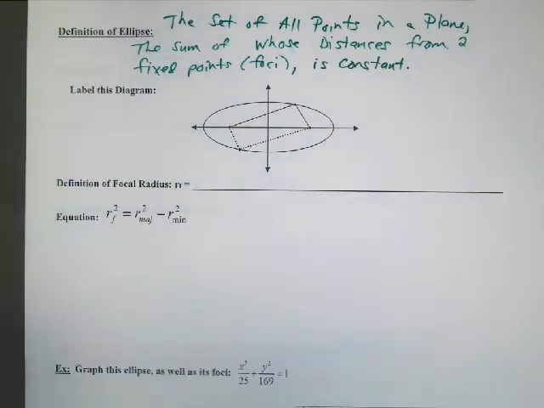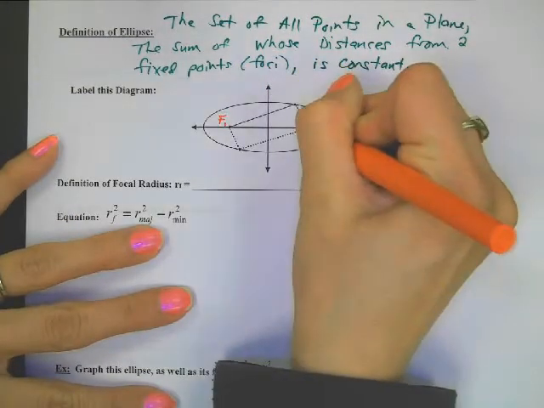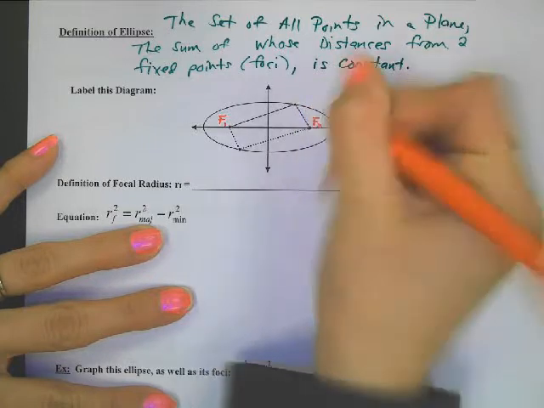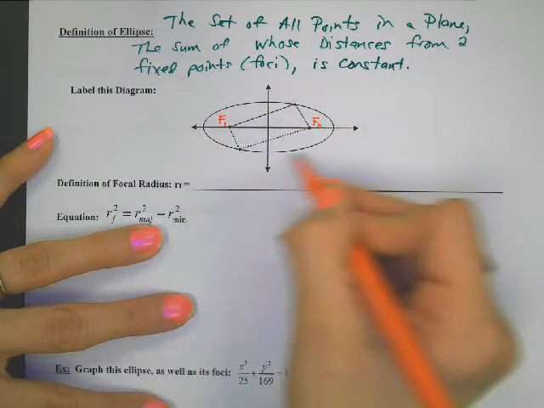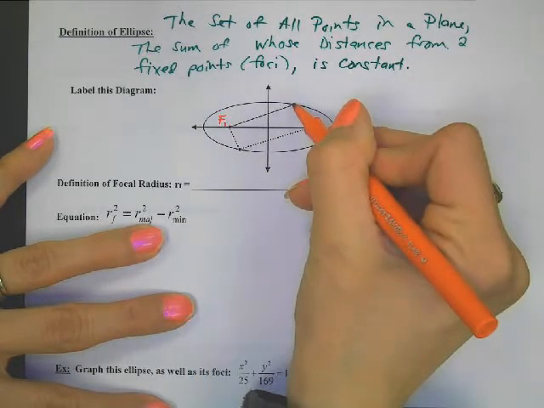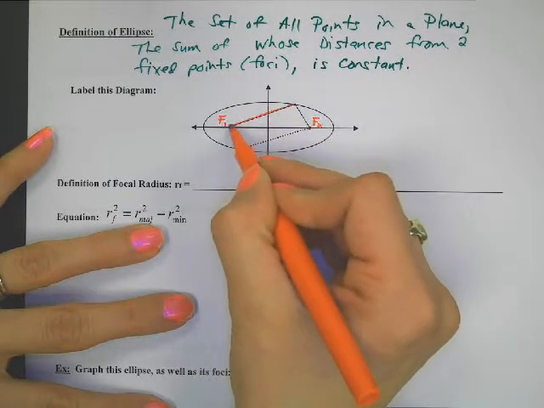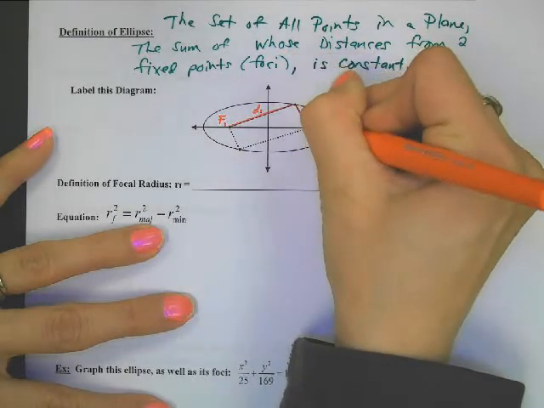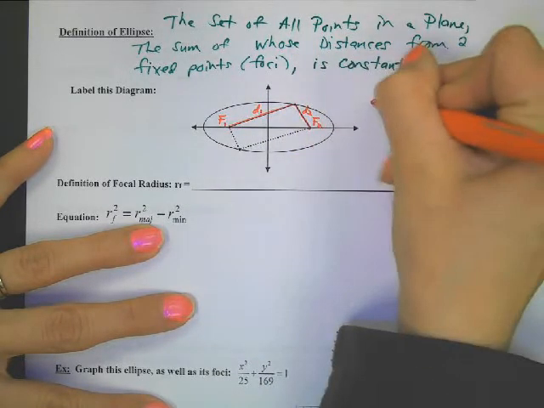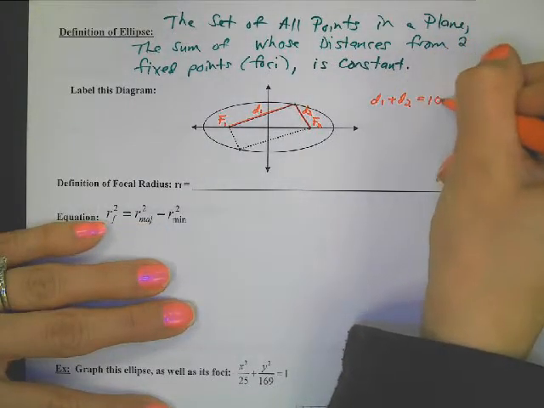Okay, and so for example, here is an ellipse, and I've got the two foci. Here is focus point 1, and here is focus 2. And all of these points around the ellipse, those are the points that make the ellipse. So here's a point, and the set of points where the sum of the distances, so this distance, I'll call it D1, and this distance, which I'll call D2, D1 plus D2, I'm just going to pretend that it equals 10.